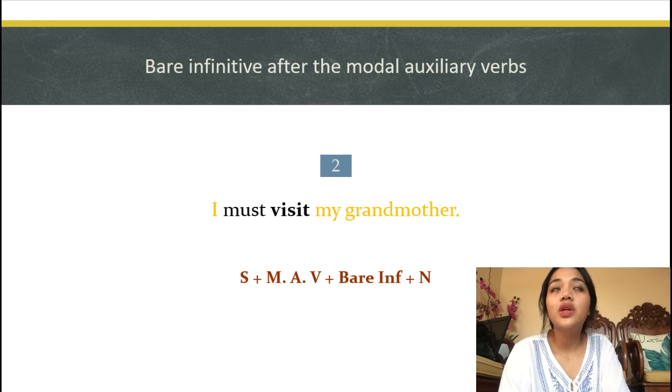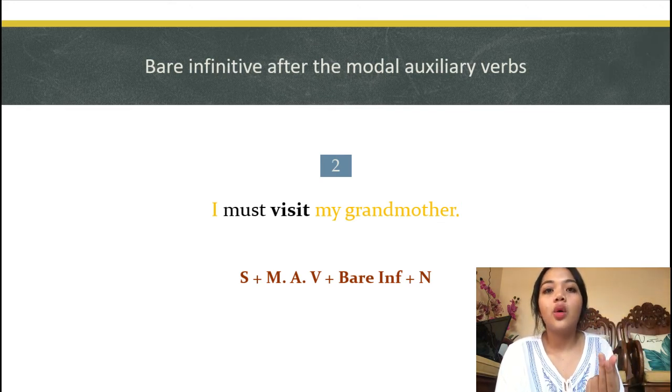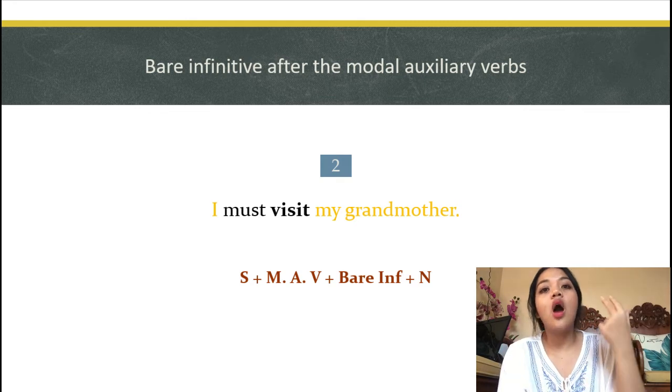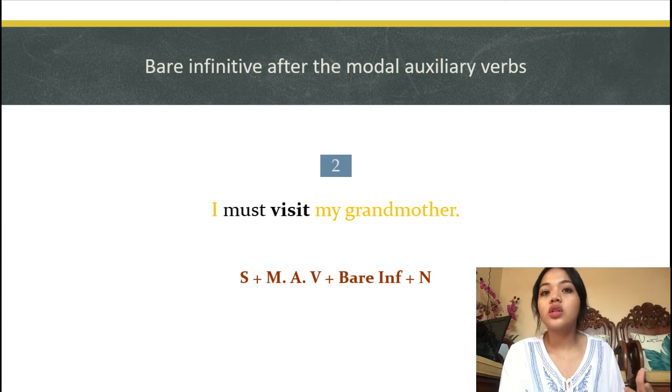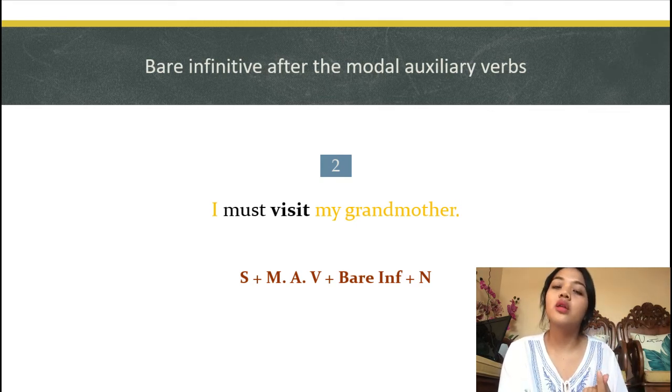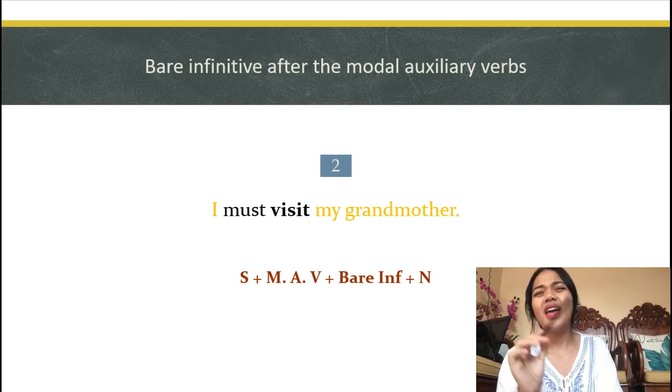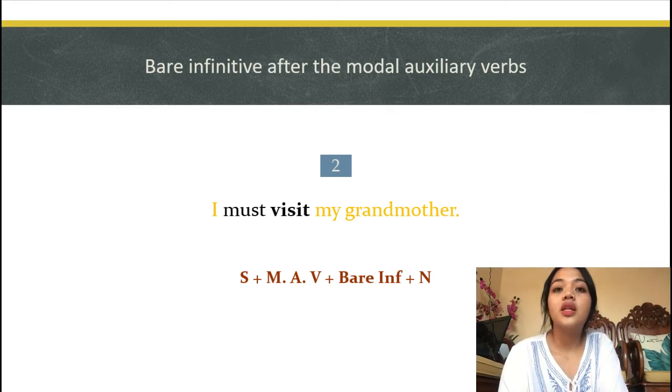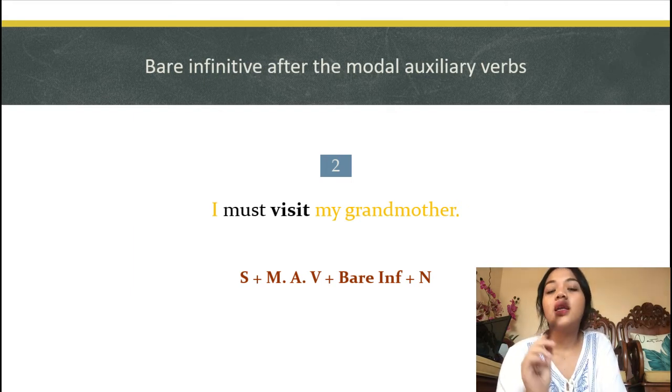And there is one exception: ought to and have to, because they are one part, not different parts. That is, ought to and have to are modal auxiliary verbs, not a modal auxiliary verb plus the particle to. They are one part, so they are modal auxiliary verbs, like that. So whatever comes after the modal auxiliary verbs is always a bare infinitive without to.